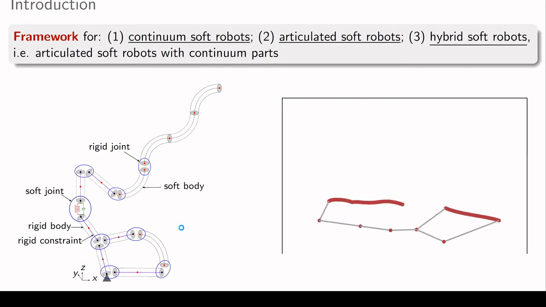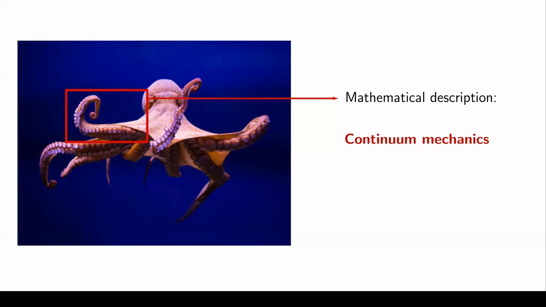Here you can see an example of a structure composed of a closed chain, a serial chain articulated in rigid and soft bodies. So let's start with the continuum part.